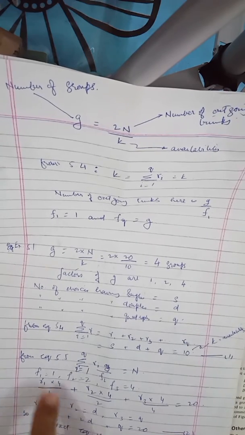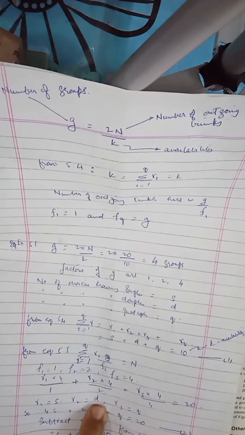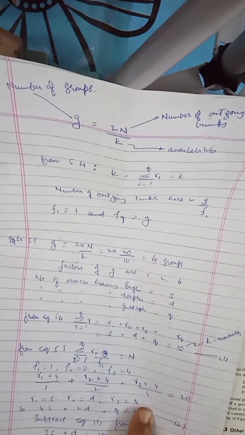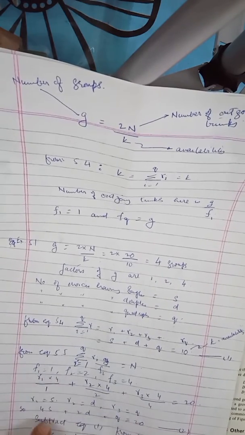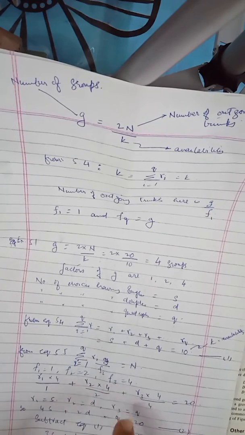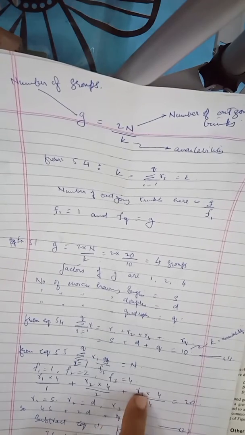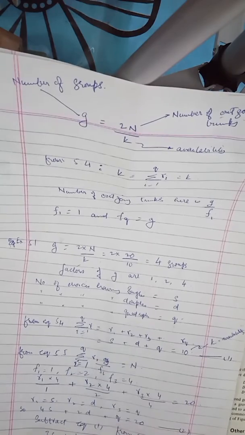Now in this case, R1 is equal to S, which is the columns with singles. R2 is equal to D, which is the number of columns with doubles. And R3 is equal to Q, which is the number of columns with quadruples. When we put these values over here, we get 4S plus 2D, since 4 and 2 cancel, plus Q, since 4 and 4 cancel, is equal to 20.